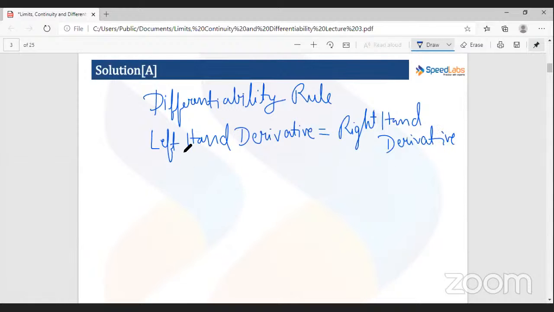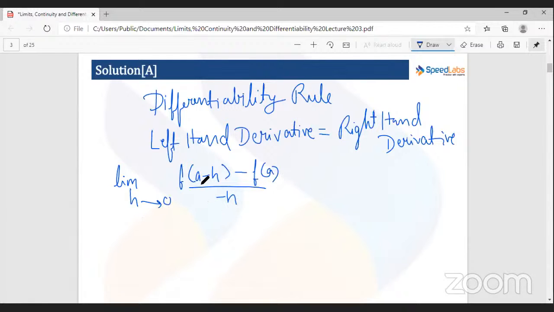So now let's find out the left hand derivative. What is the left hand derivative? Limit h tending towards 0, f of a minus h minus f of a upon minus h.